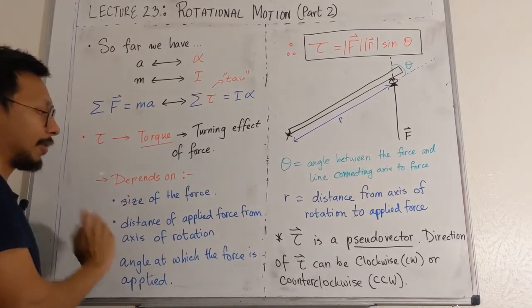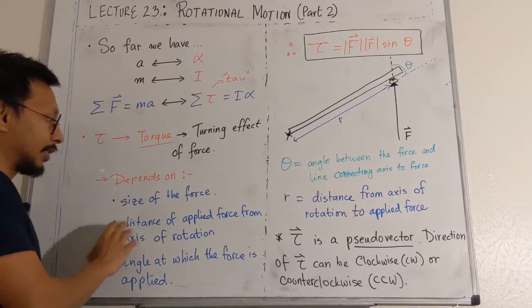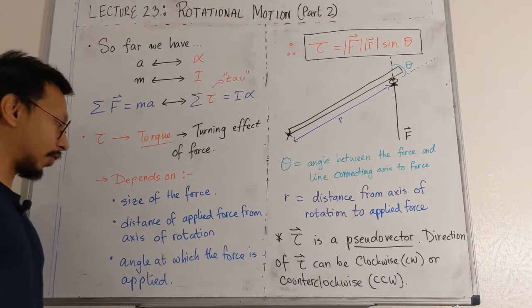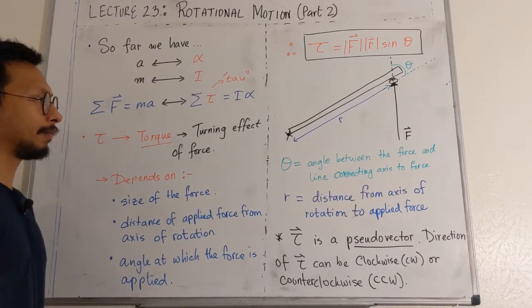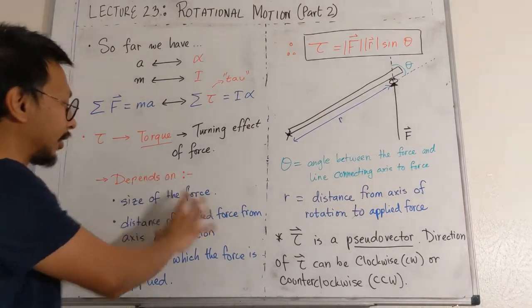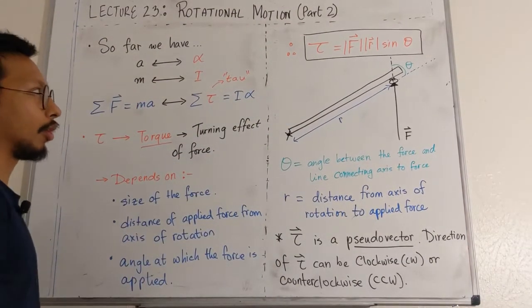This torque depends on the size of the force, distance of the applied force from the axis of rotation, and the angle at which the force is applied. And using these things, we can write down a formula to calculate torques.